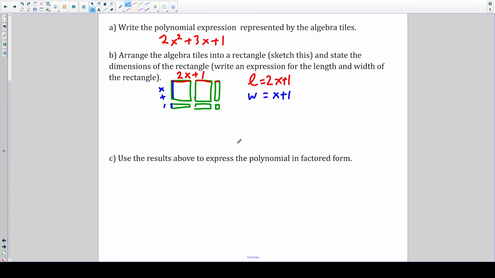So with our side lengths, we can actually write it in factored form. We can express this polynomial, 2x squared plus 3x plus 1, as 2x plus 1 times x plus 1. Or if you decide to put the x plus 1 in front, we can write it in this form. Both of them are mathematically equal to each other.